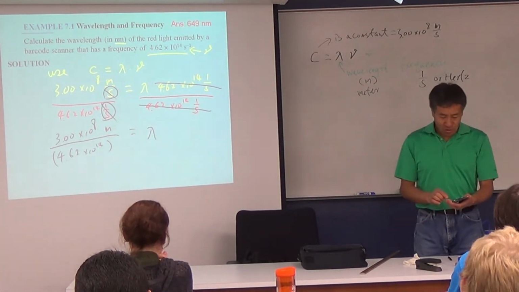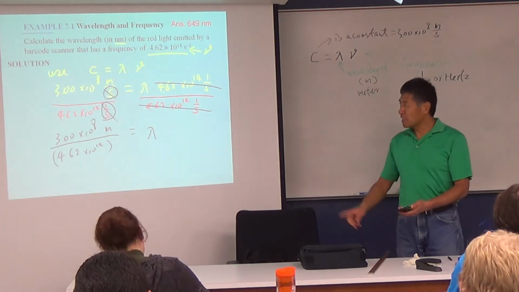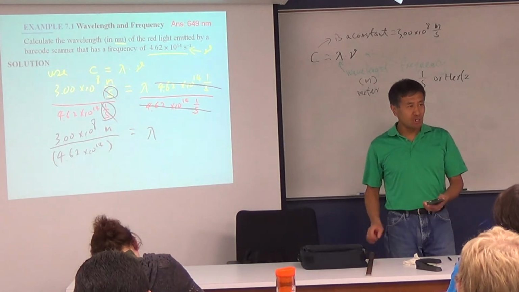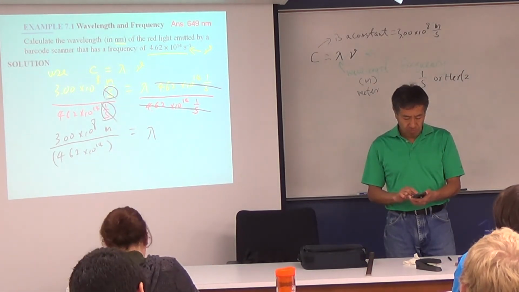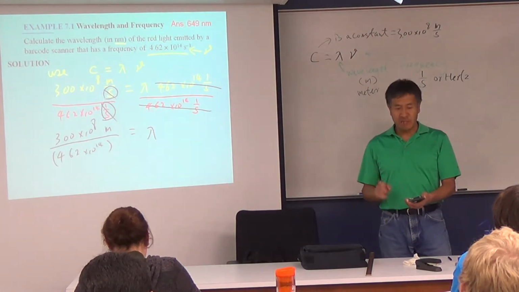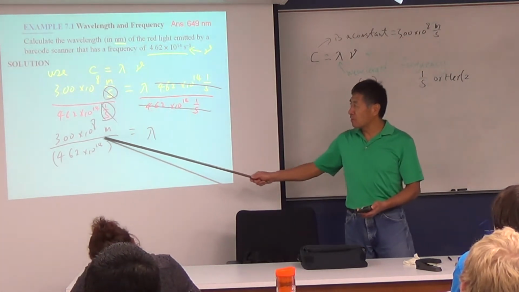Okay? So in your calculator, turn your calculator on, and you can enter those numbers as what I wrote. So you write 3 times 10 to the positive 8. Then you say divide. And divide comes from this line.